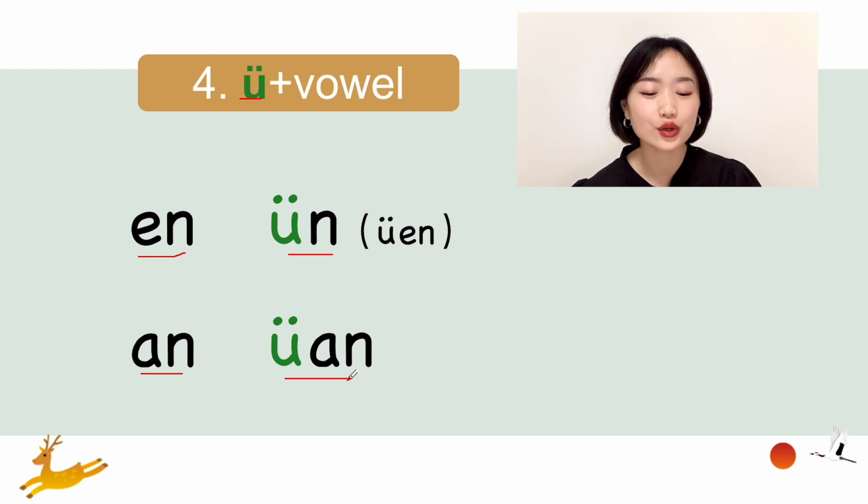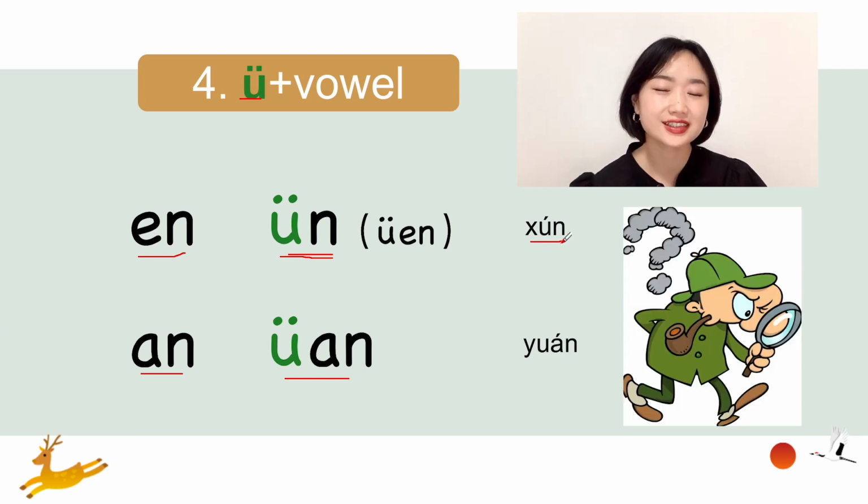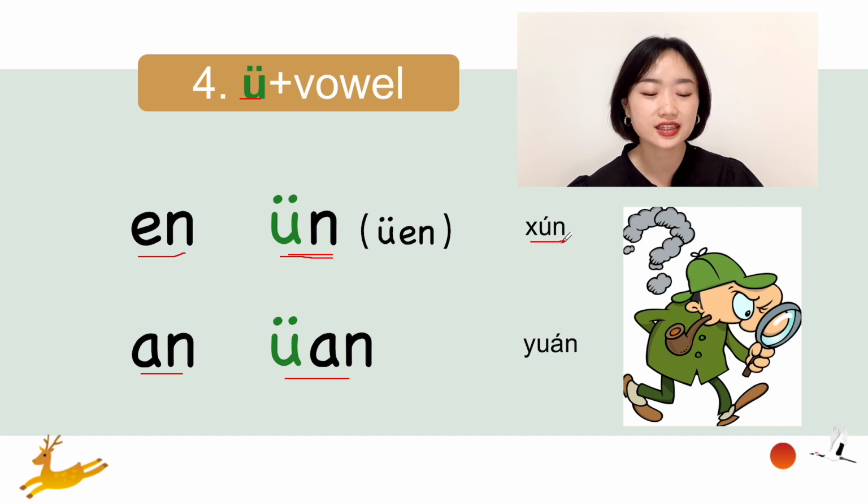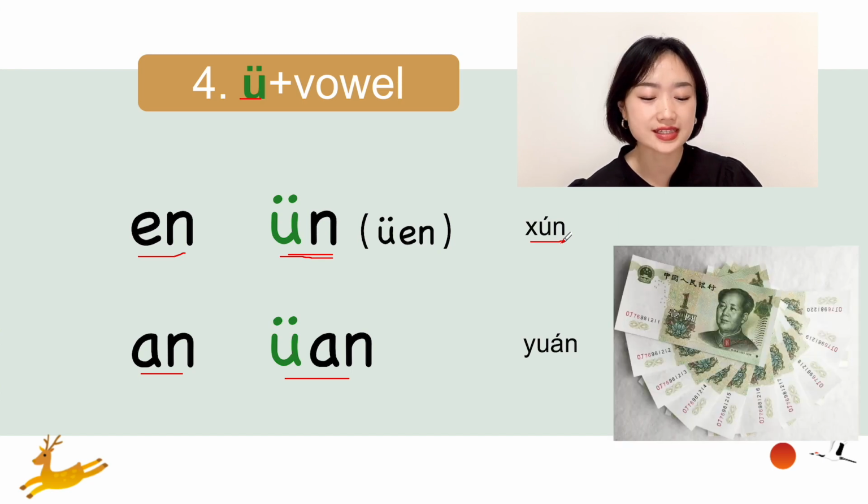Yuan. Yun as in 寻, to look. 寻. Yuan as in yuan. Do you know what are these? Yes, they are the Chinese money. Yuan.